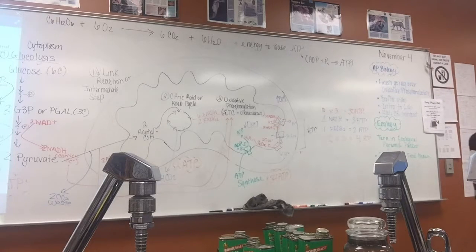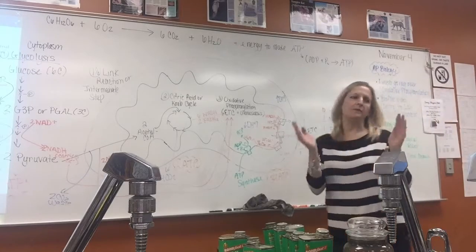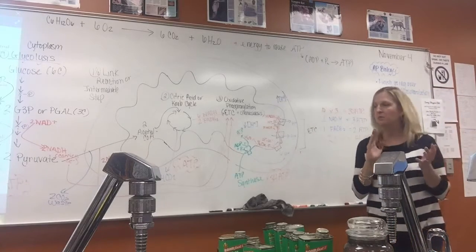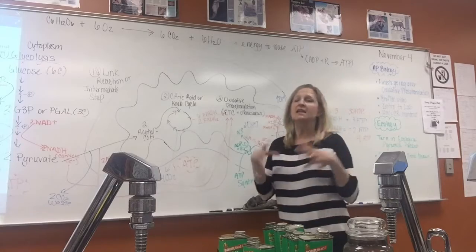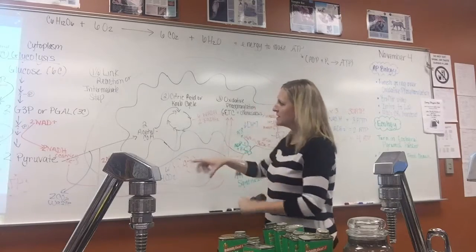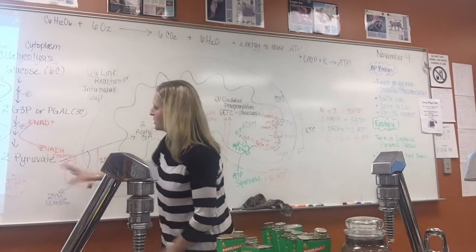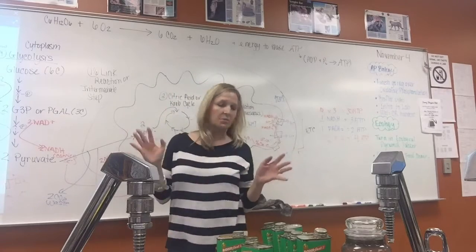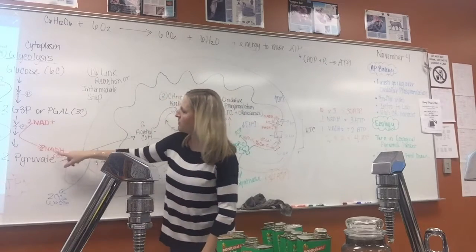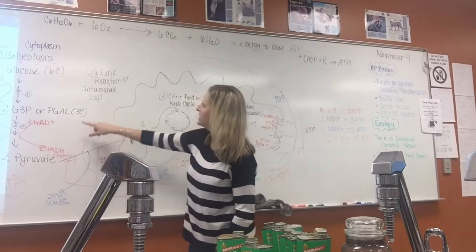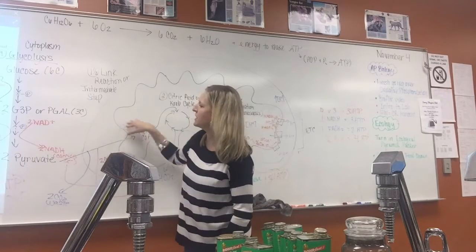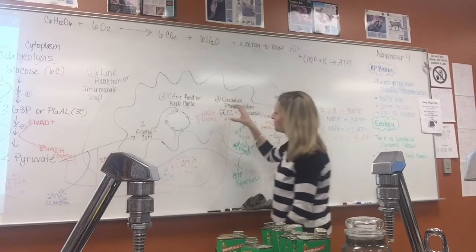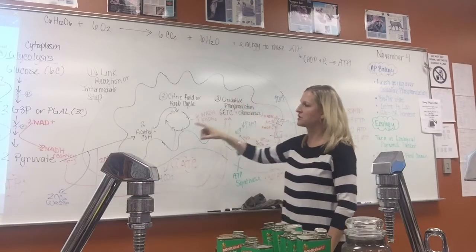And last night in the notes, I talked about how they roughly estimated between 36 and 38, that it's not an exact science here. So this is rough; for our intents and purposes, this is fine. But remember that I talked in the notes about NADH can't get across the membrane, so this NADH doesn't literally carry its electrons to the electron transport chain.